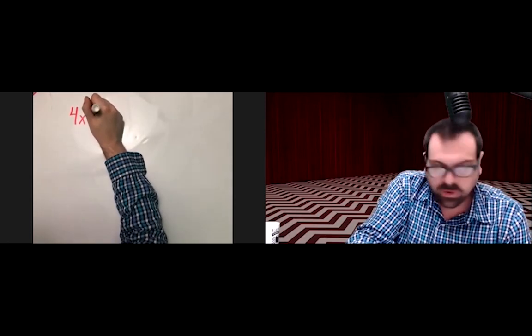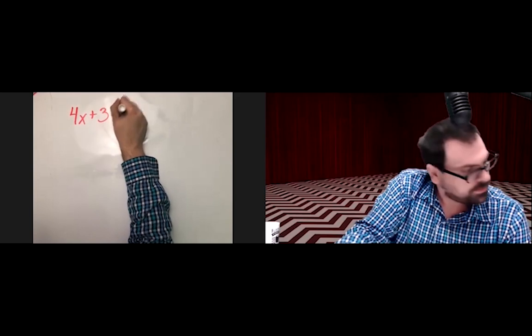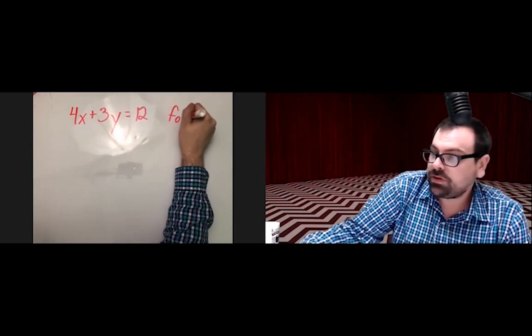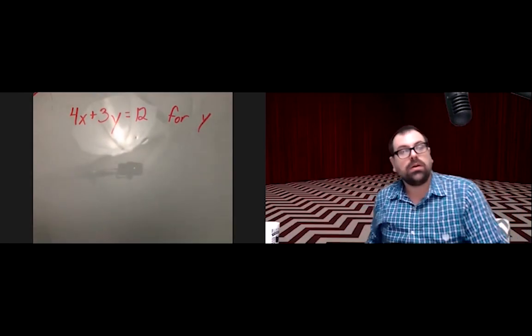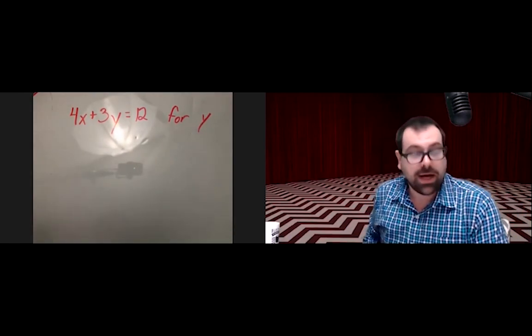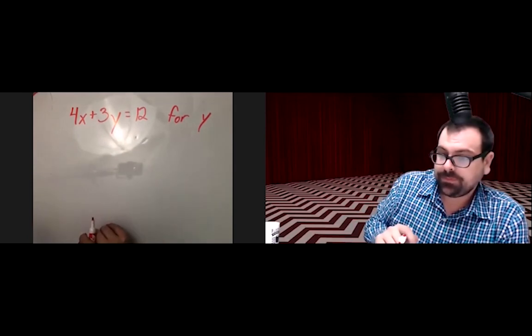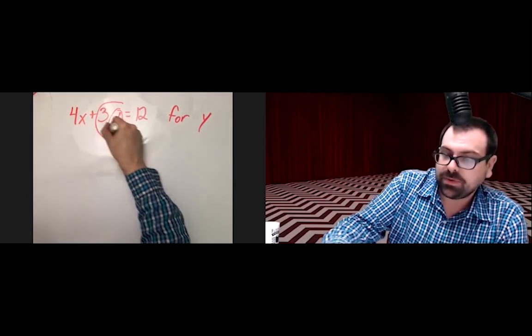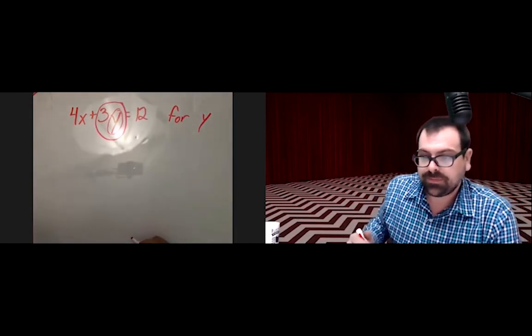4x plus 3y equals 12. We're going to solve this for y. To get the y by itself, we got to get the 3y by itself.